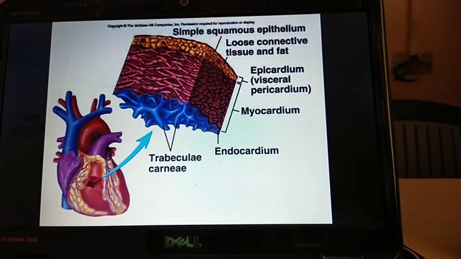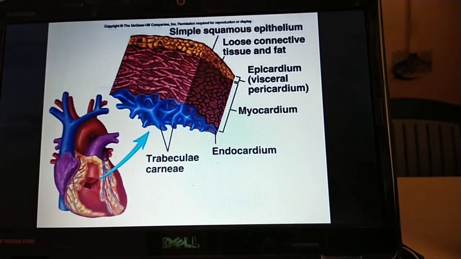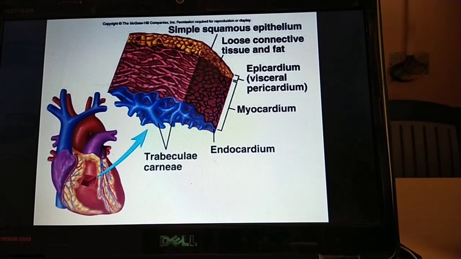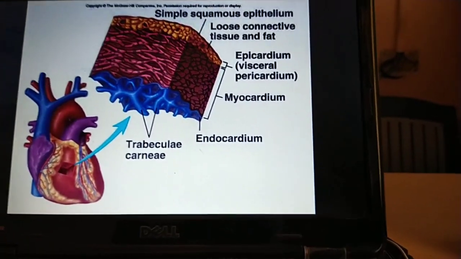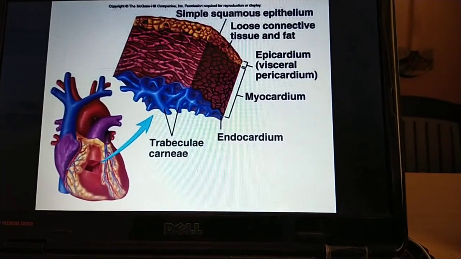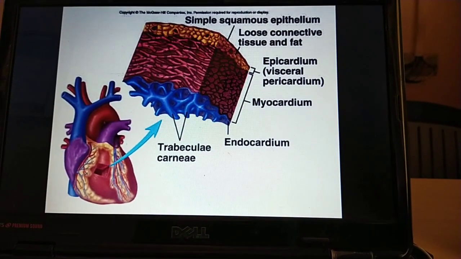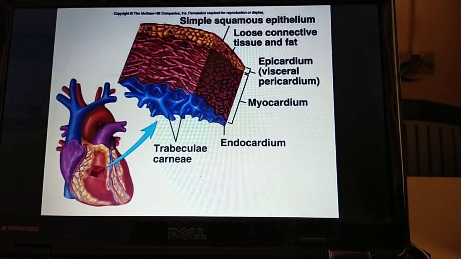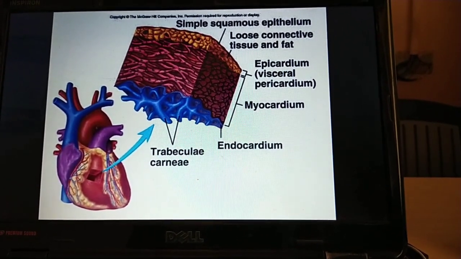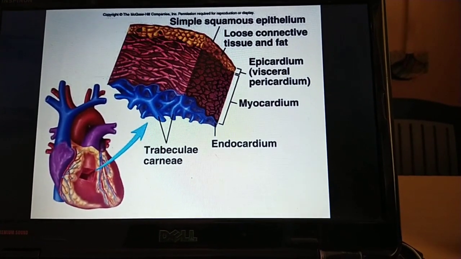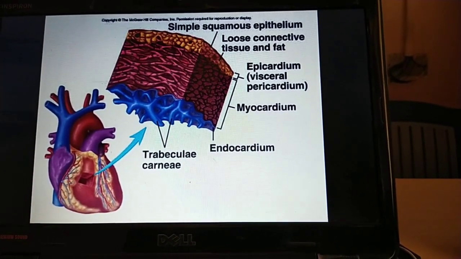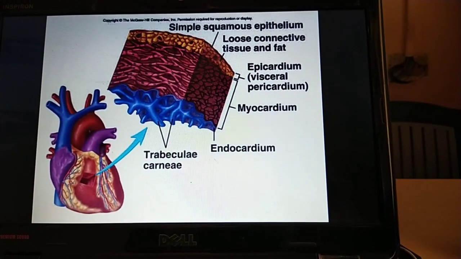The myocardium is completely made up of muscle, and the thickness of the muscle or myocardium denotes the pumping capacity of the heart. The thickness of the myocardium or wall determines the strength of the heart, or the ability of the heart to pump the blood.